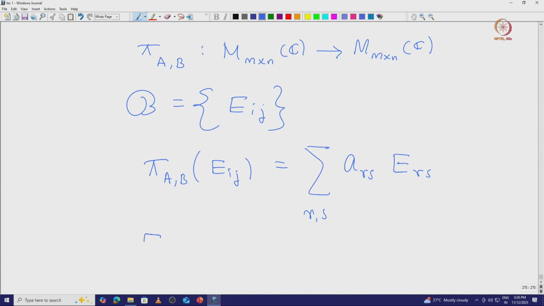So, then the matrix of this π_{A,B} becomes a big mn by mn matrix, where you will have these a_rs.